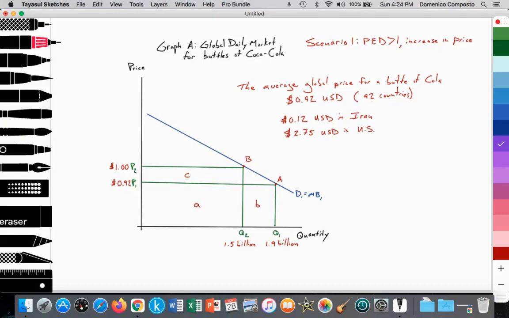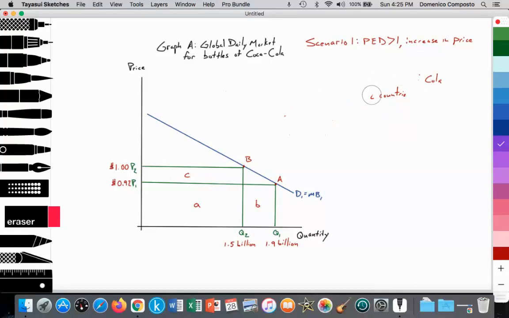So the average of all of these nations generates a value of about 92 cents per bottle of Coke. And the number of units sold per day was about 1.9 billion. So that will be our applied data to calculate PED.